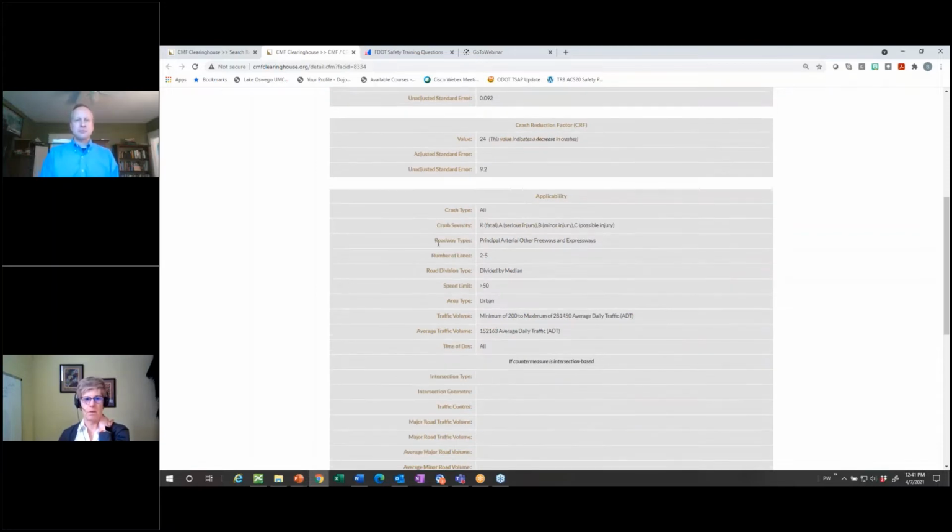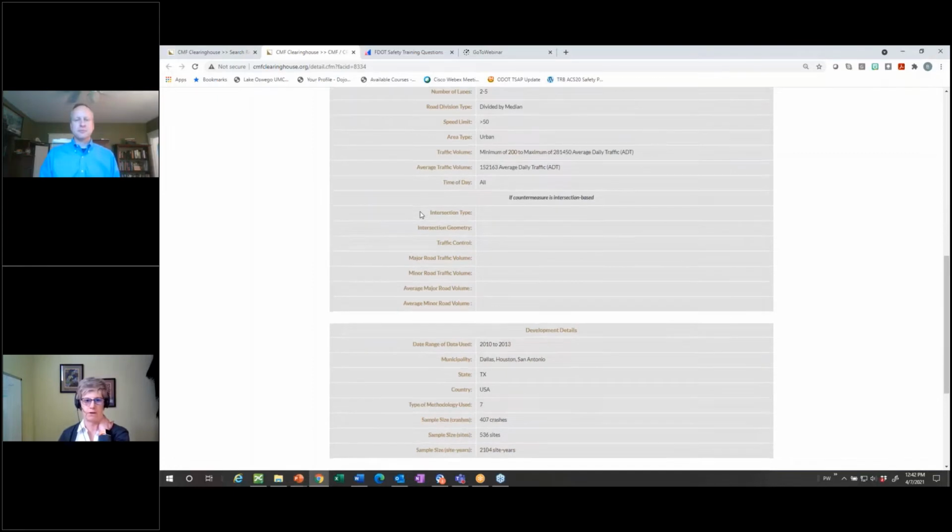And then some more information about the conditions in which this CMF was developed, which crash severities it applies to, the type, the number of lanes on the facility, there was a median, posted speed, urban, so you'd start to get a picture of what sites were used in the before-after evaluation of safety effectiveness.